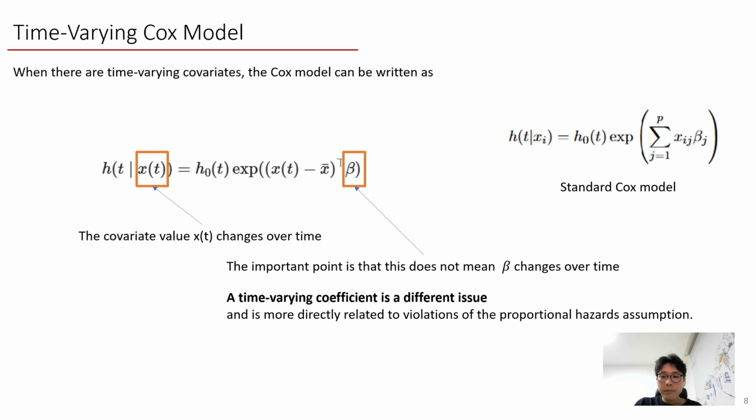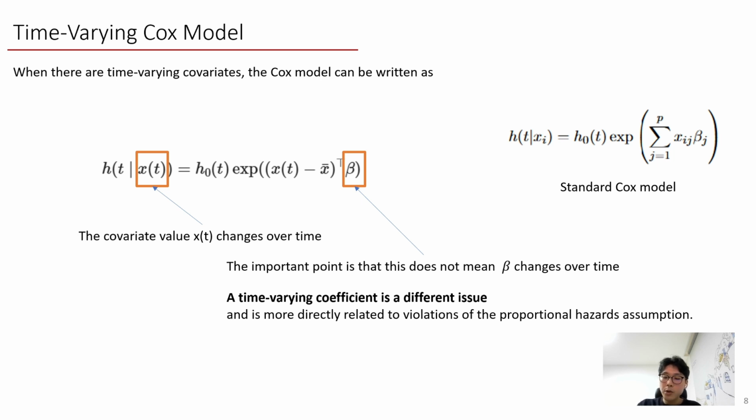When there are time-varying covariates, the Cox model can be written as shown. The important point is that this does not mean beta changes over time. In this setting, the covariate value x(t) changes over time. The same patient can have different covariate values in different time intervals, such as untreated from 0 to 3 months and treated after 3 months.